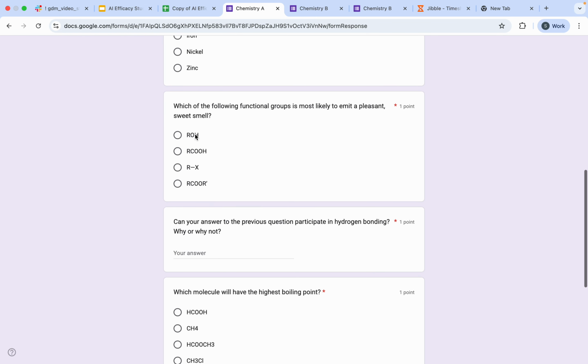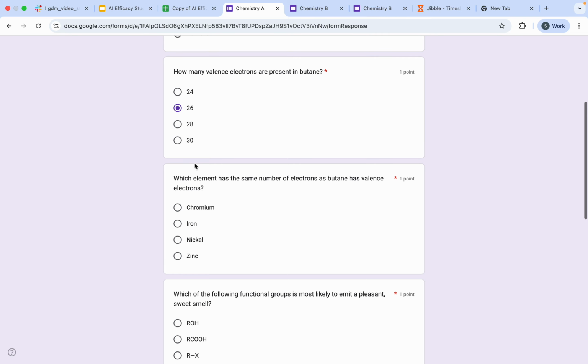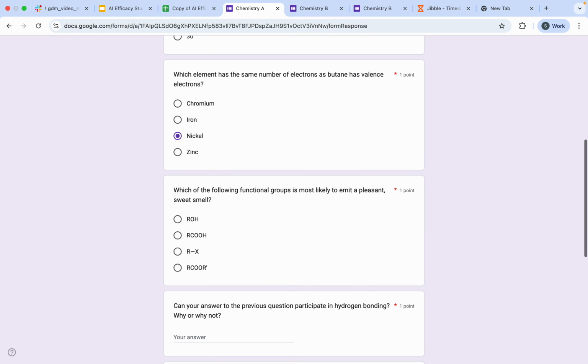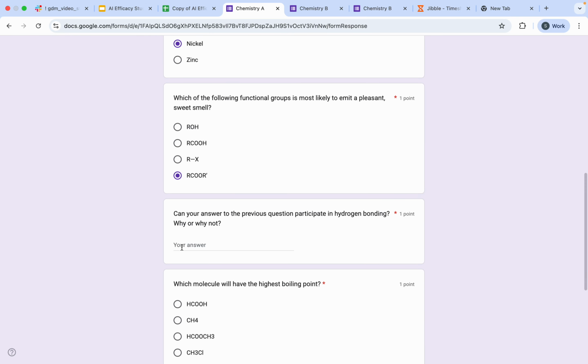Okay, so this was nickel, this is this, here. Answer is yes. They are hydrogen bonded to an oxygen.